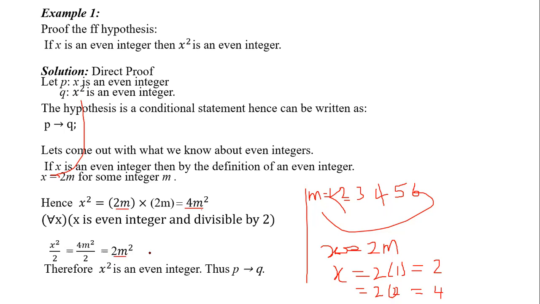There is no fraction or decimal here. Hence, we can say that x squared equals 4m squared is an even integer. Therefore, you have proved that P also implies Q, which is valid.